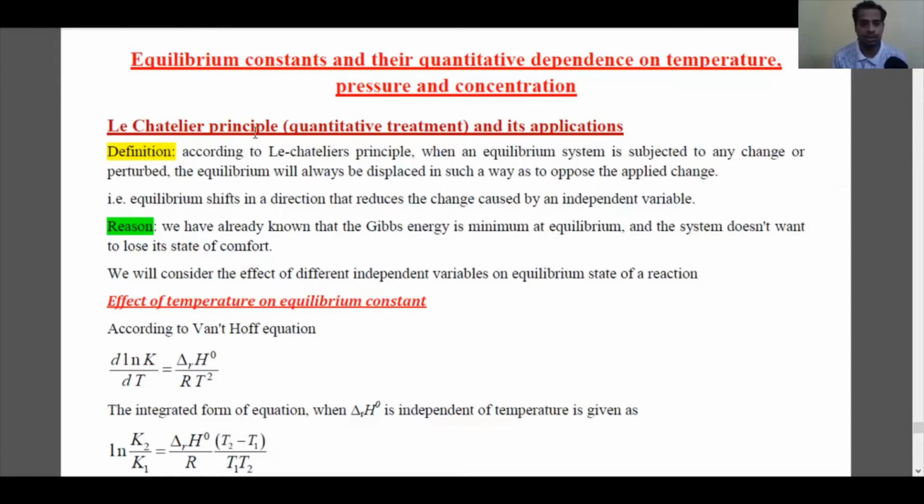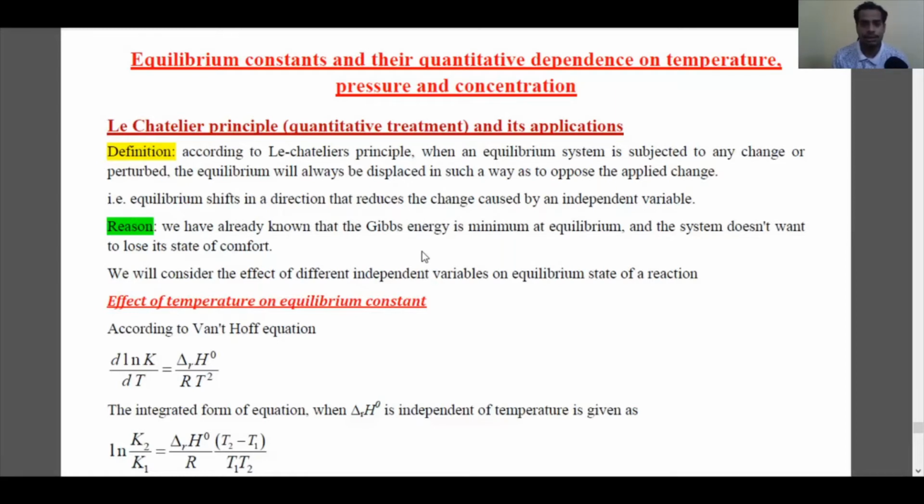So first we will go with the definition. What is Le Chatelier's principle? According to Le Chatelier's principle, when an equilibrium is subjected to any change or perturbed, the equilibrium will always be displaced in such a way as to oppose the applied change. That is, equilibrium is shifted in a direction that reduces the change caused by an independent variable.